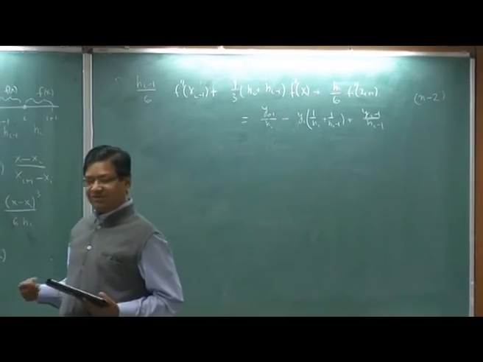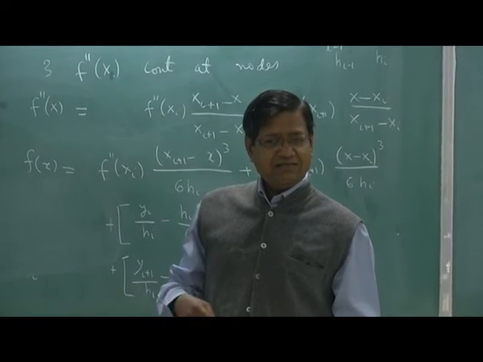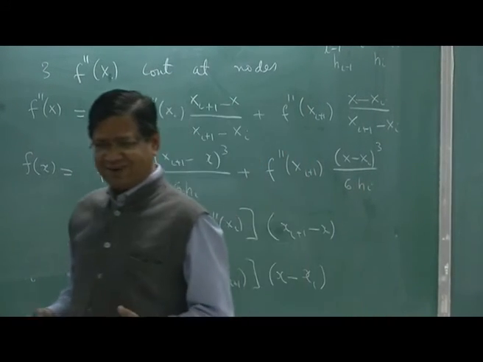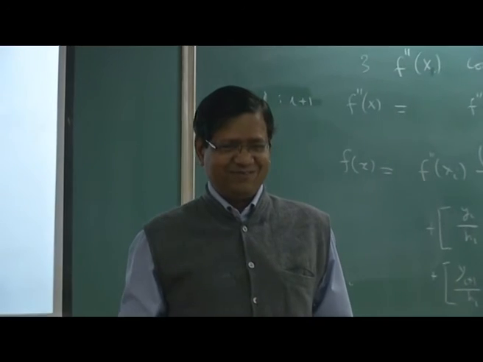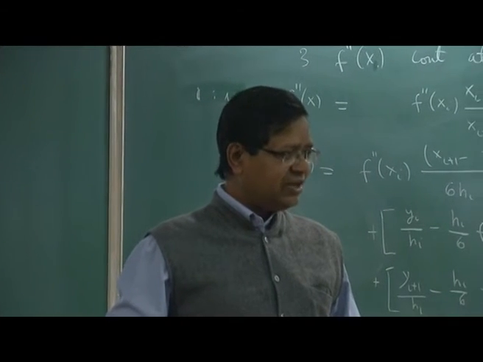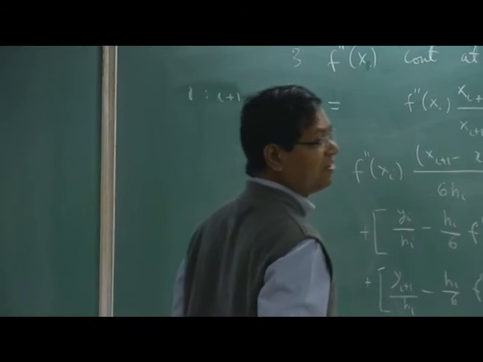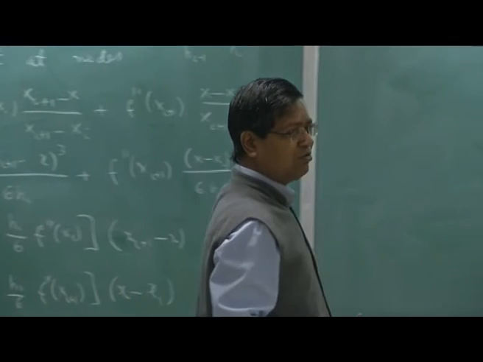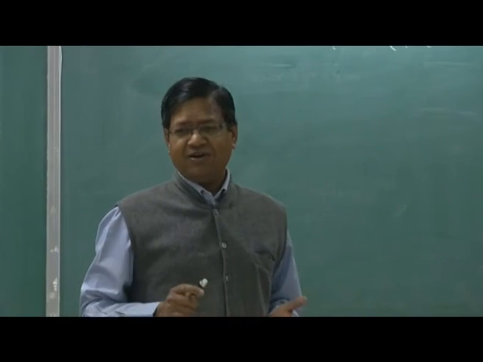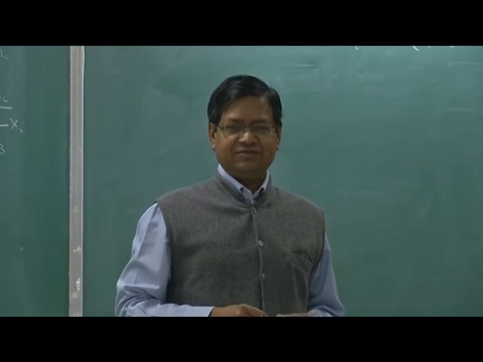I said that suppose somebody gives me the second derivative, then I can set it up. But now I say, well, I don't give you the second derivative, you have to figure it out. So I got n minus 2 equations, and how many unknowns? I got n of the second derivatives unknown. They are unknowns. So I can't figure it out right now, but I can now set up a few extra conditions.